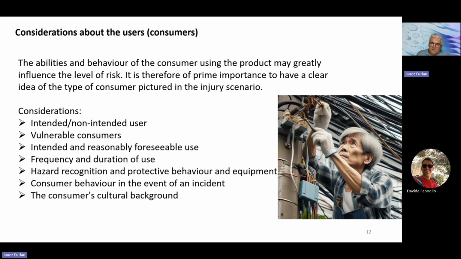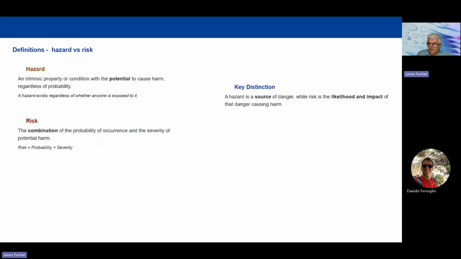Maybe what is risky in the European Union may not even be treated as a risk in Africa or Asia. Therefore, we of course have to know about the final target markets. This is also one thing that we have to clearly put into the very initial assessment of intended use.